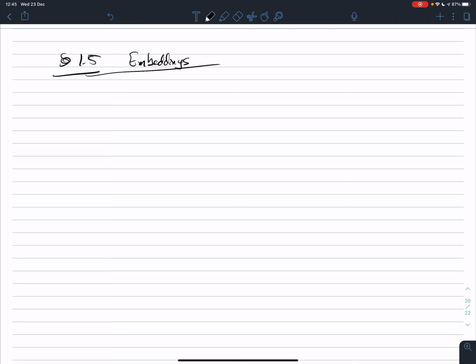So what we're going to talk about here is basically maps between number fields into the complex numbers and how these different maps can tell us something about the number field that we have. So start with definition 1.5.1, which is the following. Let K be a number field.